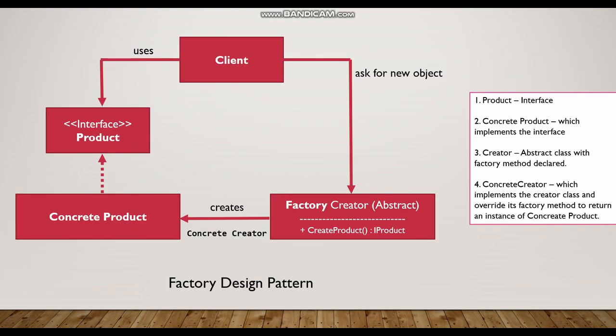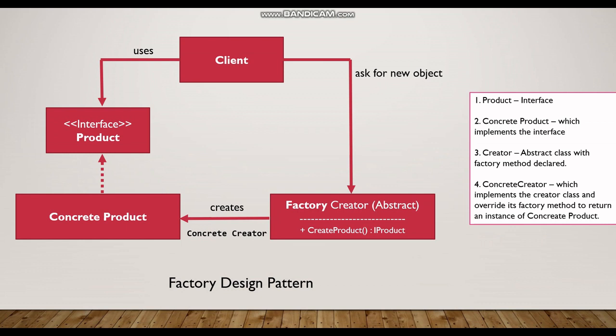So this is the structure of factory design pattern. On the right hand side, number one is product, which is nothing but an interface. Number two, concrete product, which implements the interface. Number three is creator, an abstract class with the factory method declared. And the fourth one is concrete creator, which implements this creator class and overrides its factory method to return an instance of concrete product.